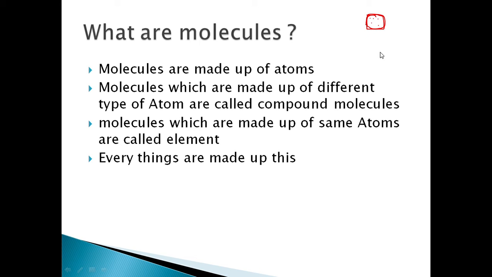I'm going to make a big one, I need space for that. I'm going to make it here. This is a nucleus. In real life, they're very, very small. This is our nucleus, and in the nucleus, we have protons.